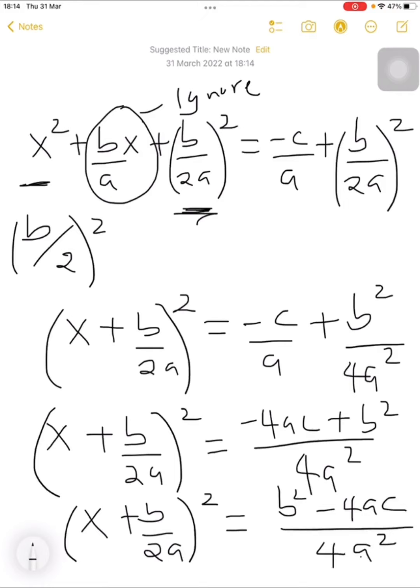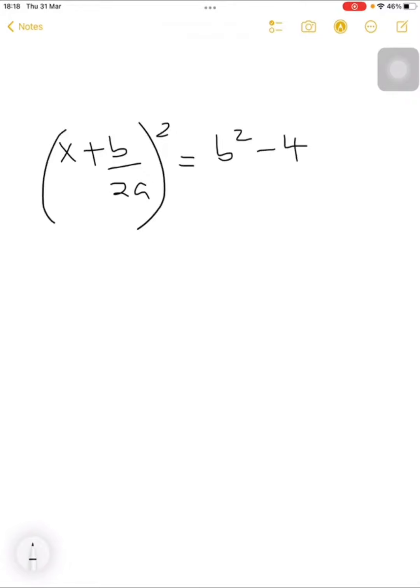Okay. Now, for us to get the value of x, what can we do? We have x plus b divided by 2a and then squared is equal to b squared minus 4ac all over 4a squared. For us to remain with just x, we have to get the square root of both sides, right?